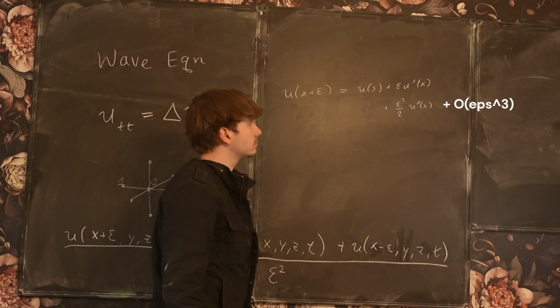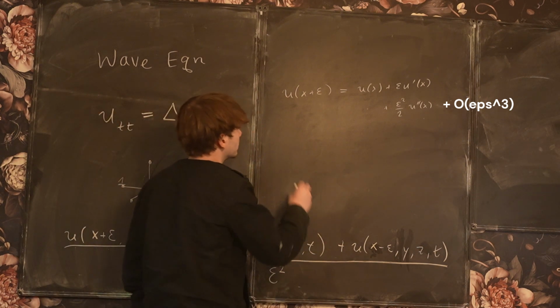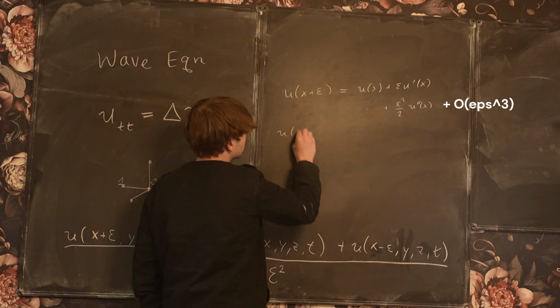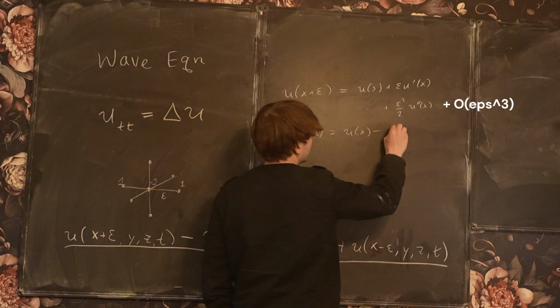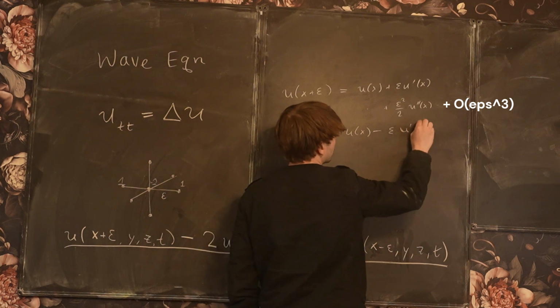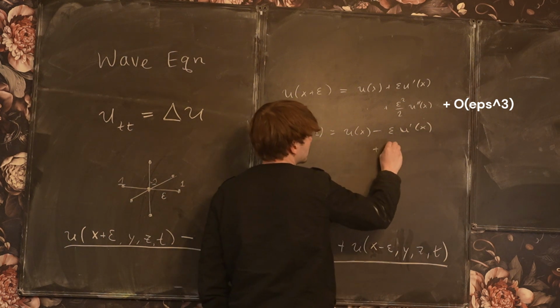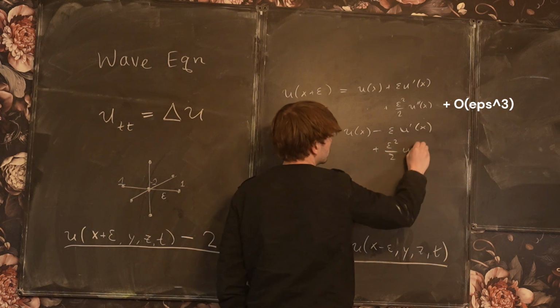Should be correct. And then similarly, u of x minus epsilon is equal to u of x minus epsilon u prime of x plus epsilon squared over 2 u double prime of x.